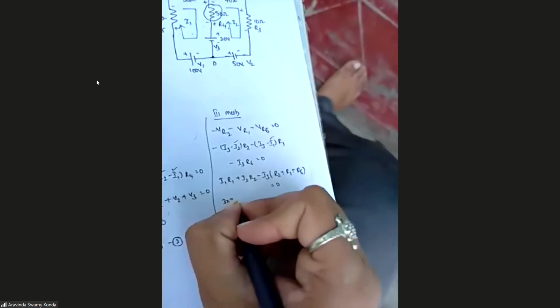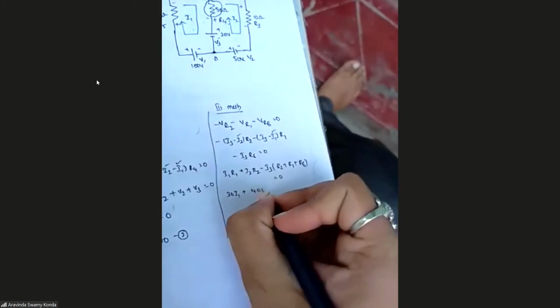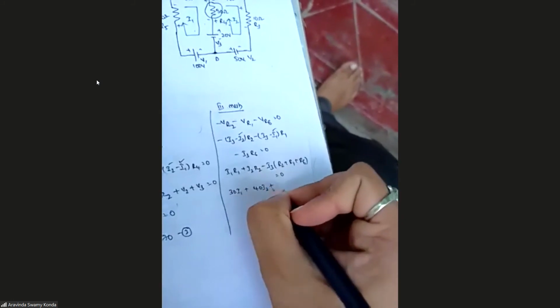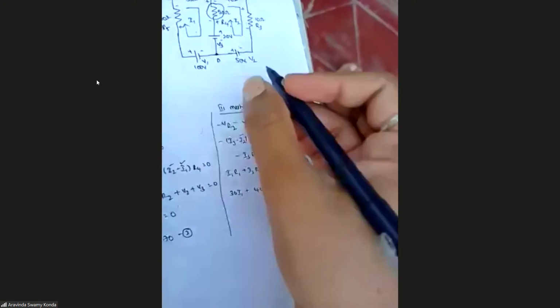So 30 I1 plus R2 value 40, 40 I2 and minus 30 I2 minus I equal to 0. Solve first and second equations.